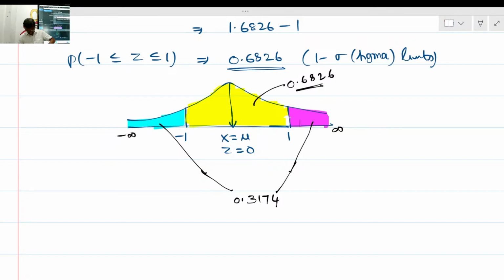So what is the exact area from 1 to infinity or minus infinity to minus 1? By combining these two we got 0.3174. Now since the two are equal, we have to divide 0.3174 by 2, which gives 0.1587.